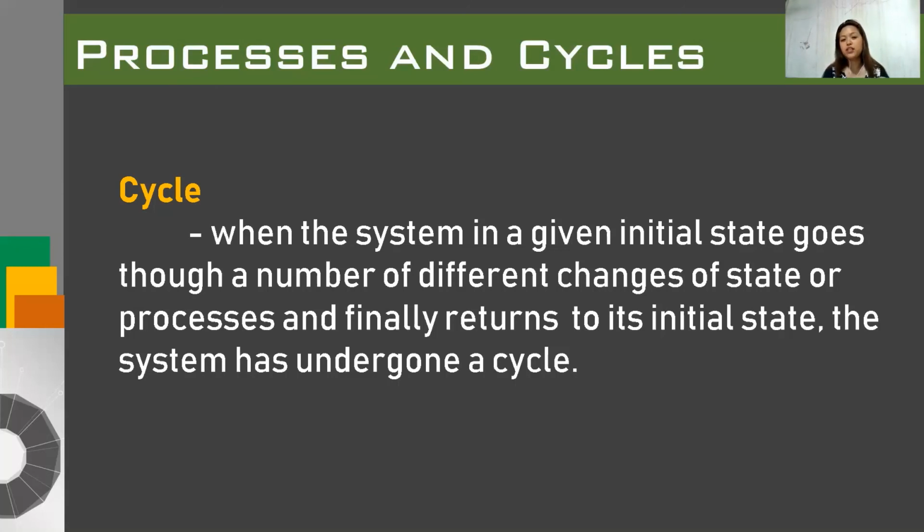If it does not return, then that's not a cycle. Therefore, the conclusion of a cycle is that all properties have the same value they had at the beginning. Whatever the value was initially, if it goes through a process and then goes back to the initial state, then it has undergone a cycle.